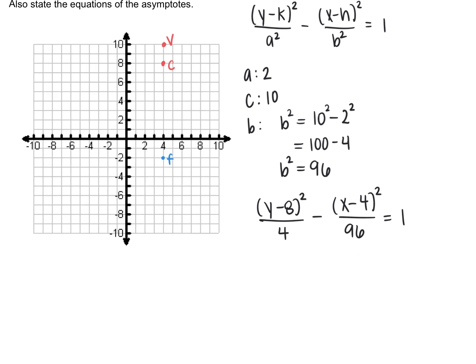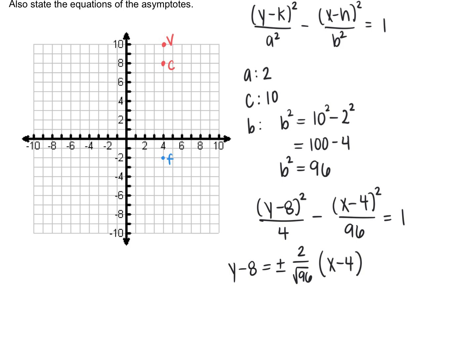When it comes to the equation for my asymptotes, instead of being y equals, I'm going to use whatever's in the parentheses for y. So I'm going to have y minus 8 equals plus or minus, and then I'm going to have a over b, so 2 over the square root of 96, and then again, instead of just x, I'm going to have whatever's in my numerator, x minus 4.